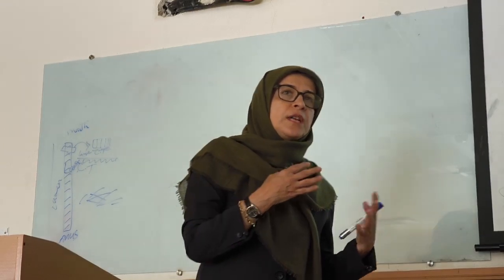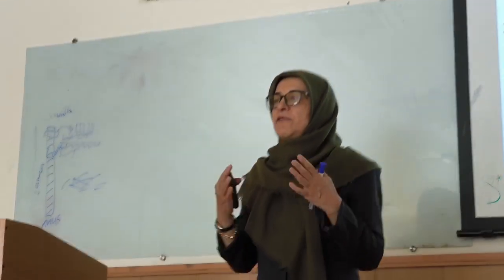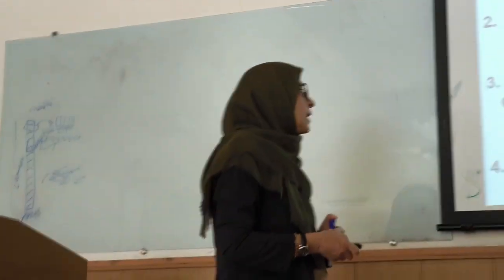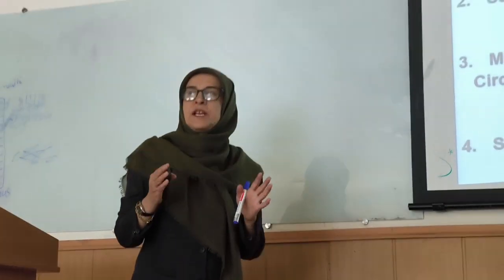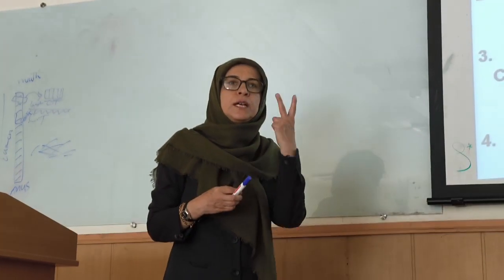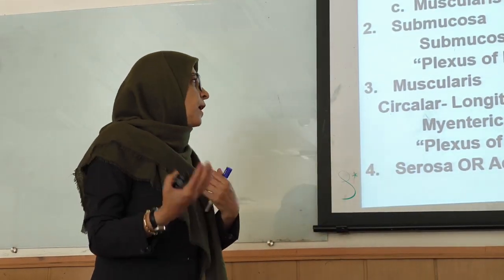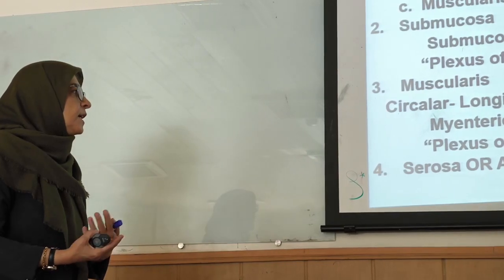The orientation of muscle fibers is different in different organs, but in most of them this layer includes 2 layers of muscle in the longitudinal direction or transverse direction, that we will see in more detail in the next slide.